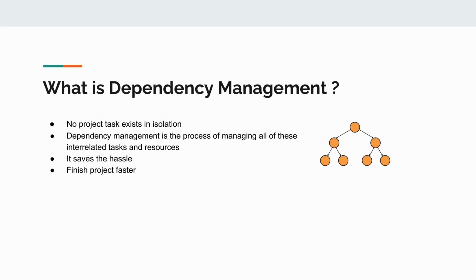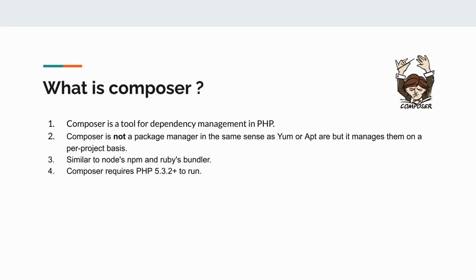So dependency management basically is a process of managing all your internal and external dependencies, upgrading them, updating them, removing them, and that sort of stuff, and basically helps you to get a project done faster. And as we previously said, PHP's dependency manager is Composer.